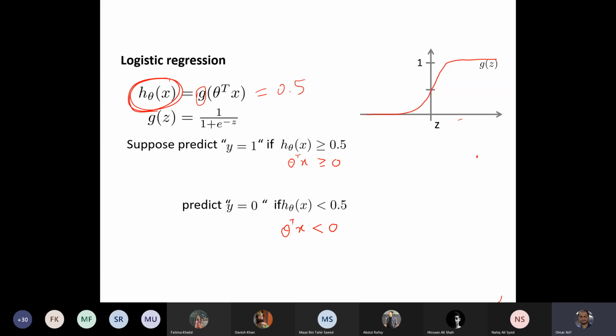So anything greater than 0.5 belongs to one class, anything less than 0.5 will belong to another class. If we have two classes 0 and 1, a probability of 0.7 or anything greater than 0.5 means that it belongs to class 1. Anything less than 0.5 means it belongs to class 0. But if the probability is 0.5, it means that we lie at the boundary. So when is the probability 0.5? When theta transpose x is equal to 0. So that will define the decision boundary.